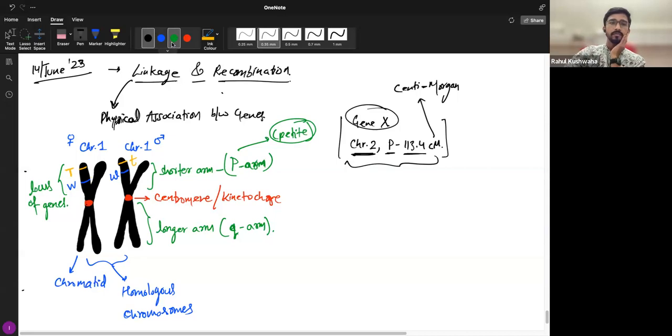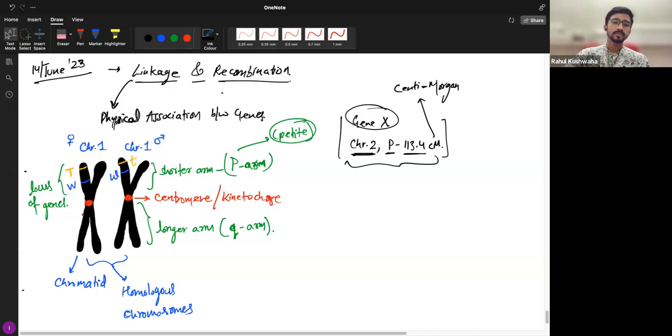Now, Iram brought up the point of sister chromatids and non-sister chromatids. So who are sisters? Who do you call your sister? The one who's born to your parents, right? Like in real biological terms, not in abstract friendship terms.